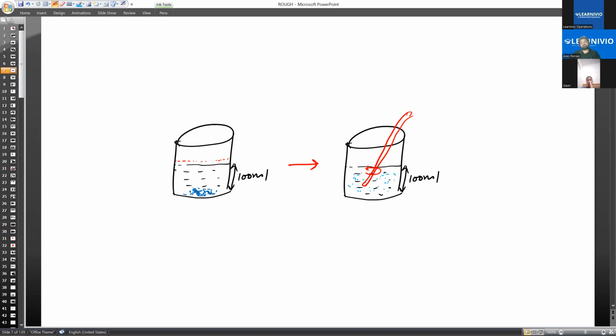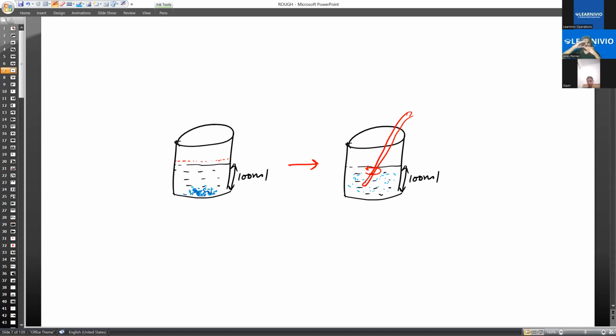Earlier the water level rose because the sugar was sitting at the bottom, occupying space where there was no water.